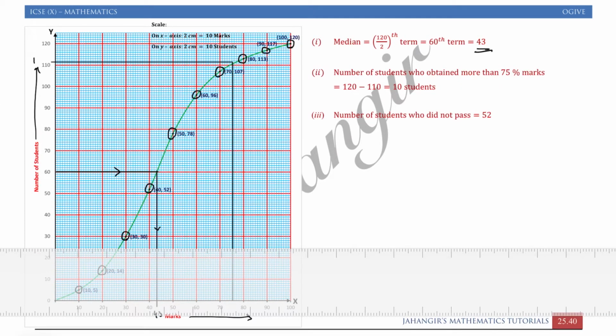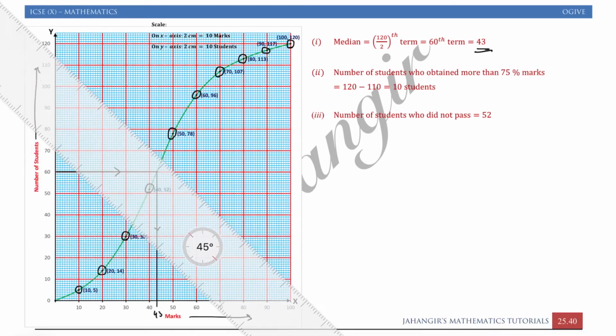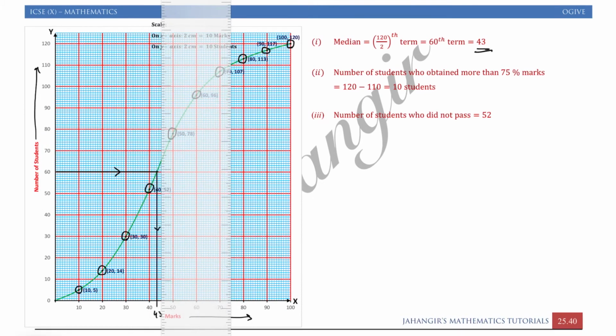This is what, 111 or 110, maybe, I don't know. I need to check whether I took it correctly or not. Let me check it again. I think there is some mistake. Let me draw 75% properly.